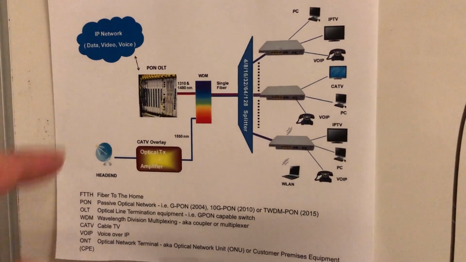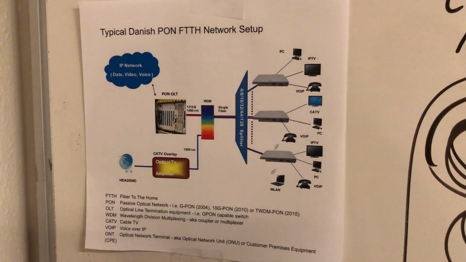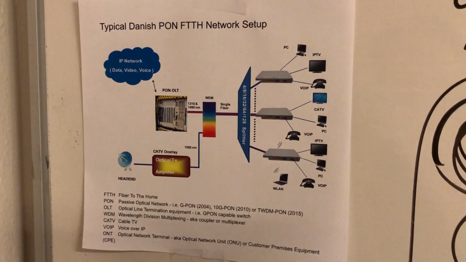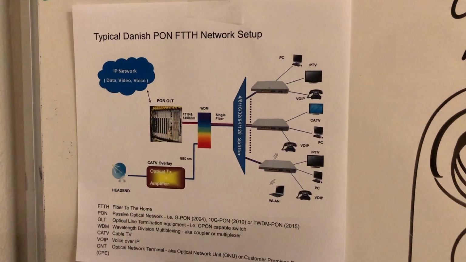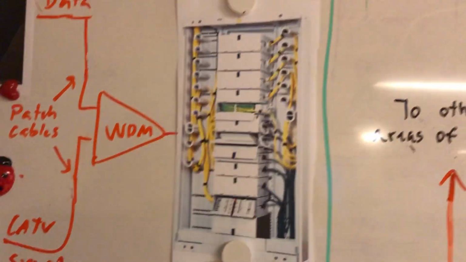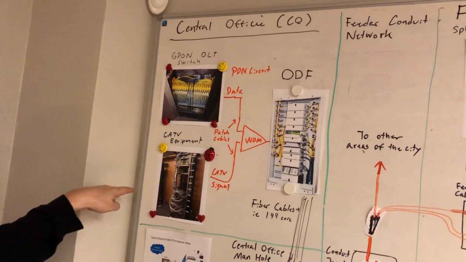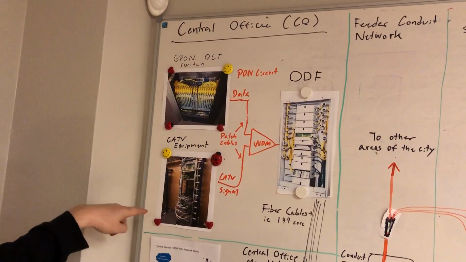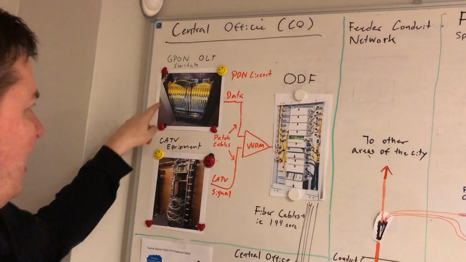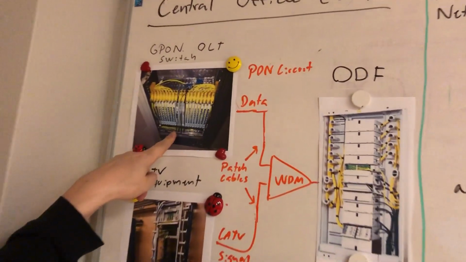So if you start from the top, the central office where we have all the active equipment, we see this green square here. I have tried to explain in a little more detail what's inside the central office. Here you can again see the internet equipment that provides the internet signal.